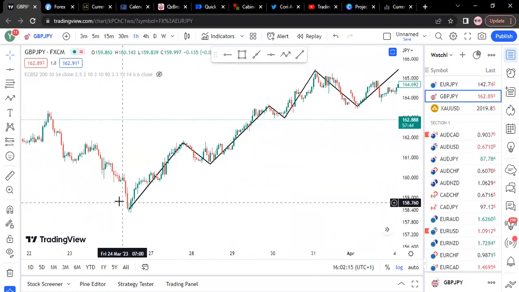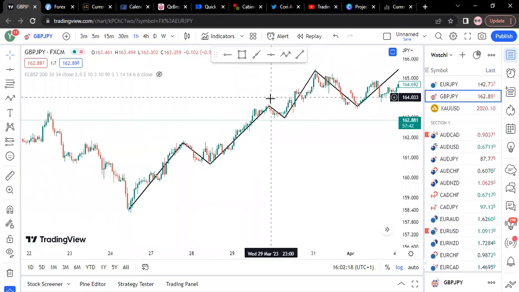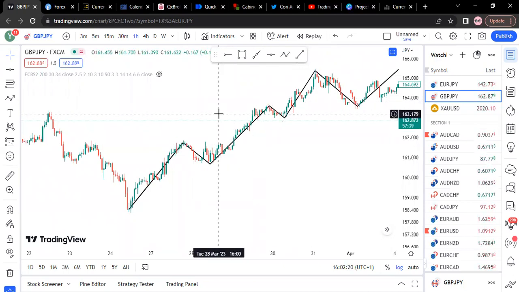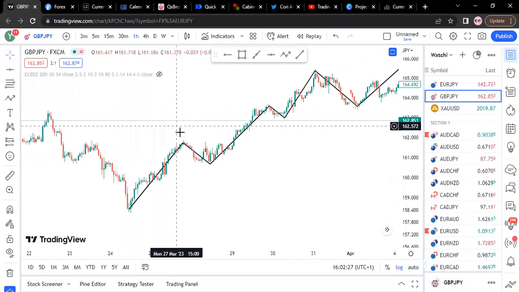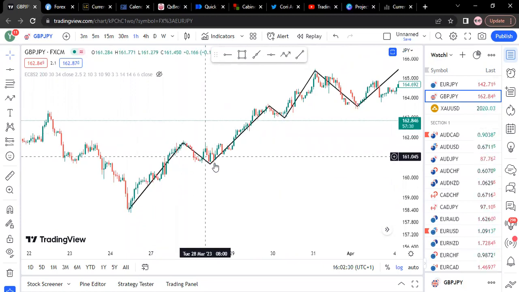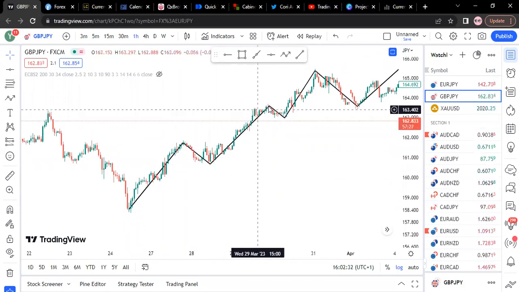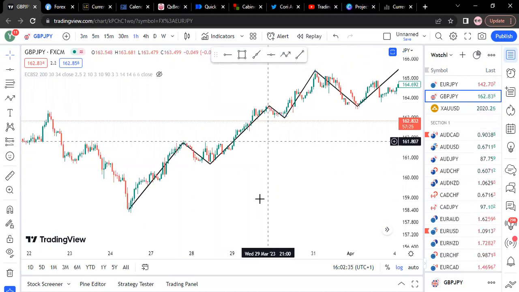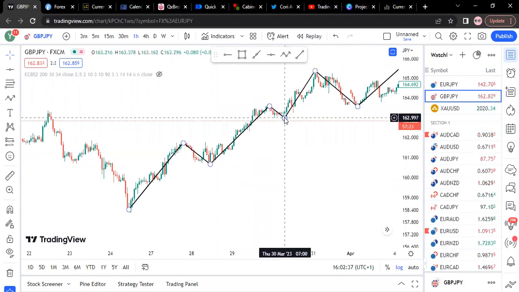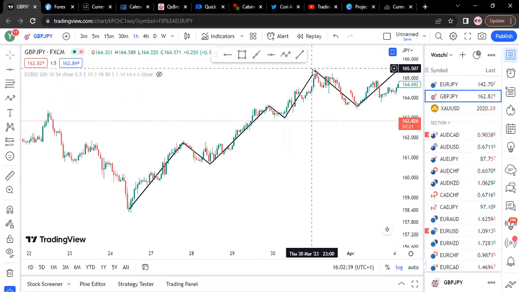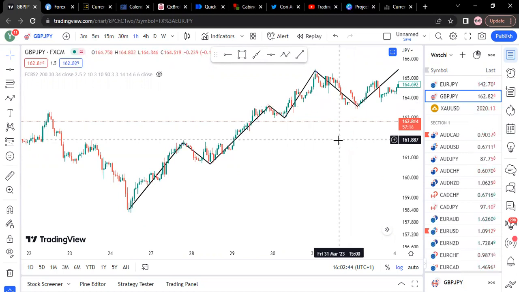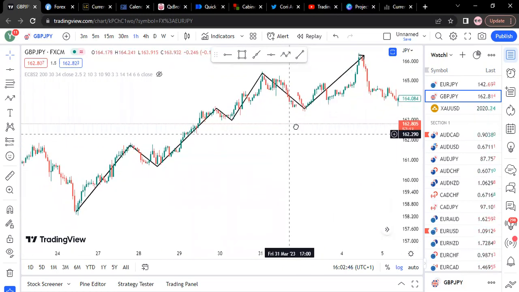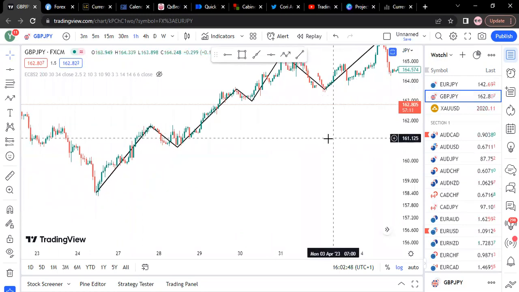So whenever we see a market moving in this particular manner, we refer to it as a trending market. In that continual regard, this is what we refer to as a trending market.